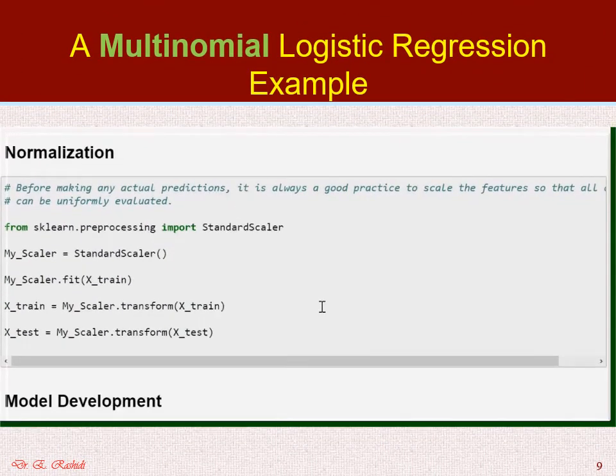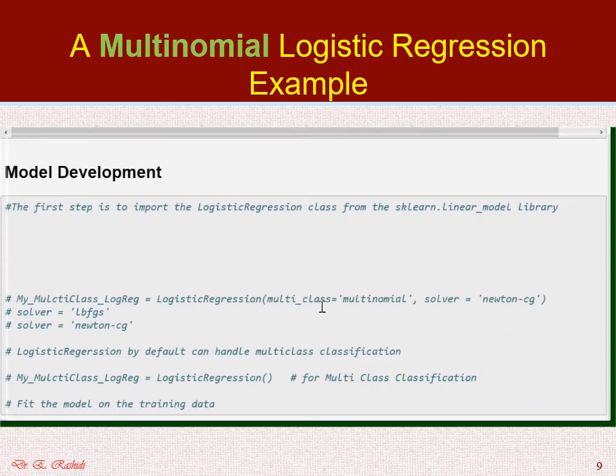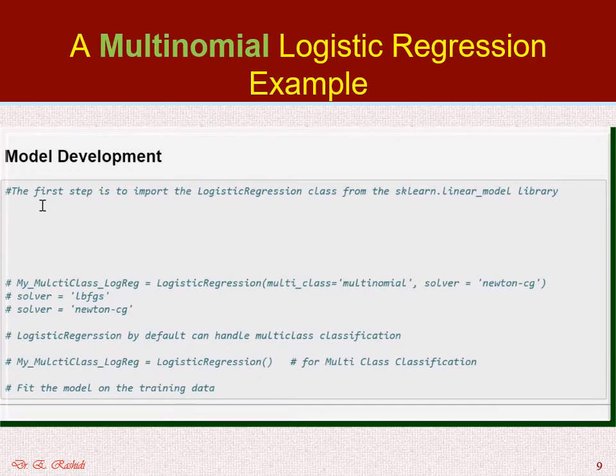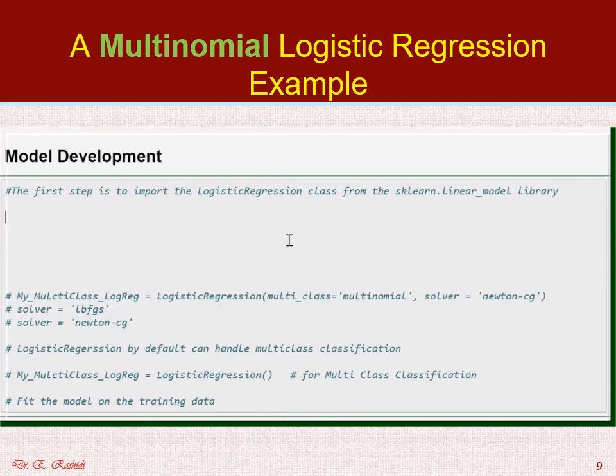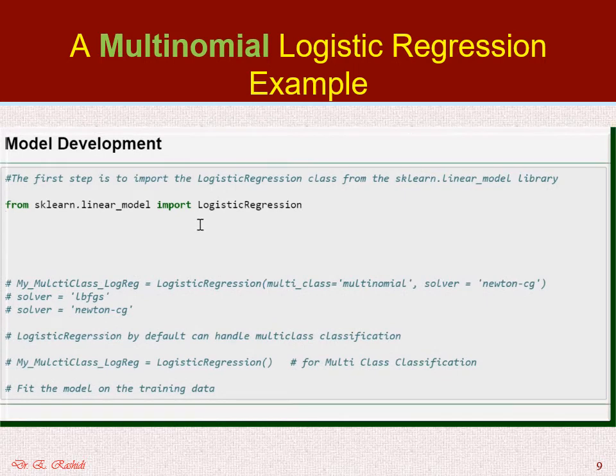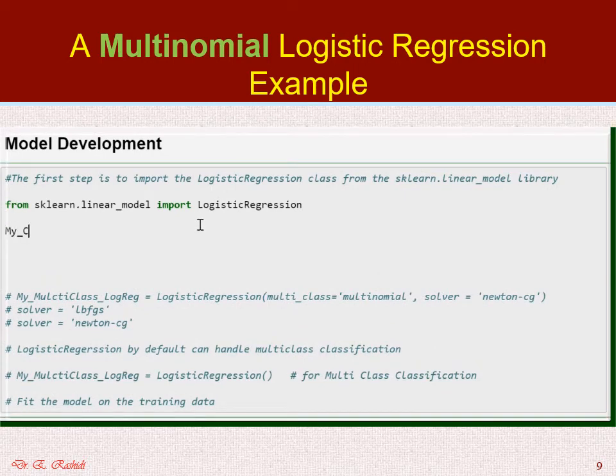Now that we have split our data and normalized our data, we're going to go ahead and develop our model. So we need to first import LogisticRegression from Scikit-Learn. It's in the linear_model module: from sklearn.linear_model import LogisticRegression. And now we're going to create a copy of that.